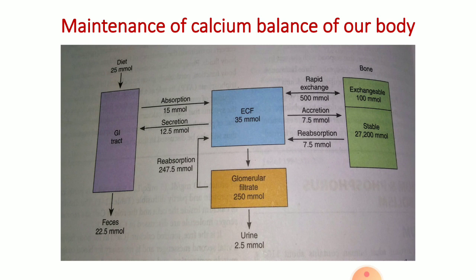This rapidly exchangeable pool of calcium between extracellular fluid and bone basically acts as a buffer system which does not allow the calcium level to go beyond the physiological limit. Immediate replenishment of the calcium level occurs through this exchangeable pool. And from the stable pool, where there is 27200 millimole of calcium, there occurs a constant resorption as well as deposition of bone throughout life, but in normal situation these two are in accurate balance.